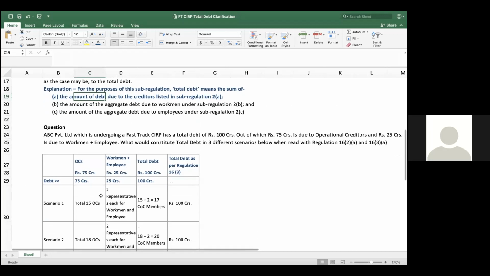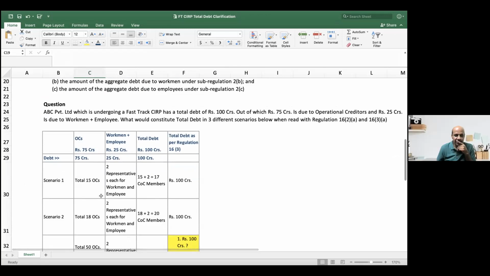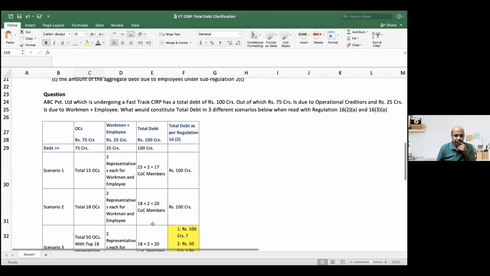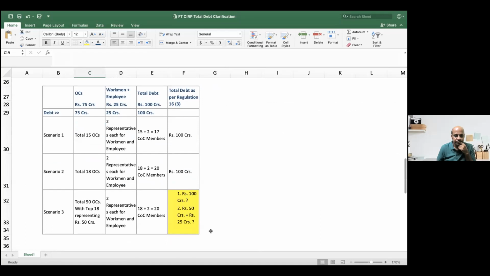So total debt would reduce to 75, not 100. So which means when they are going to work on a resolution plan, then total debt would be 75 or 100? As per the definition, it will be 75, but it should not be.